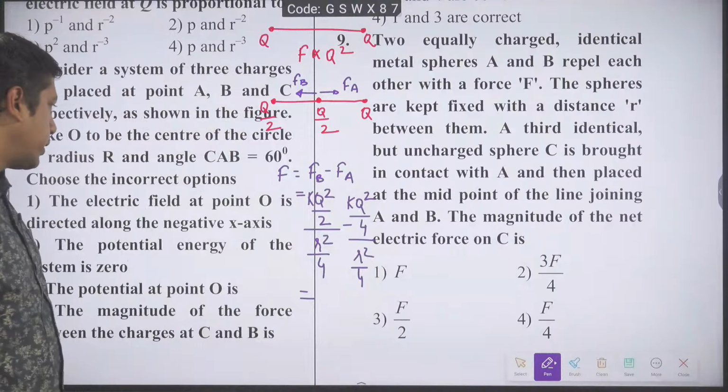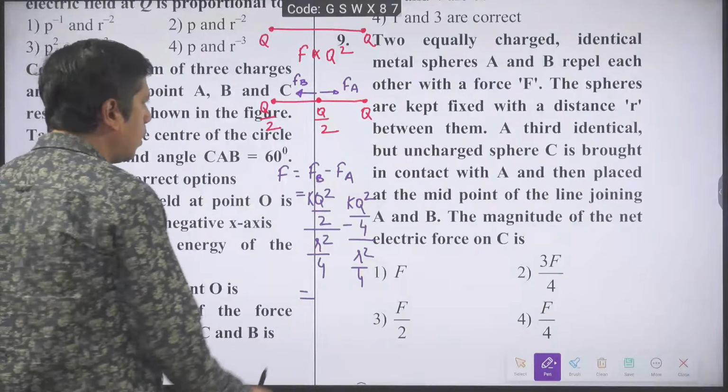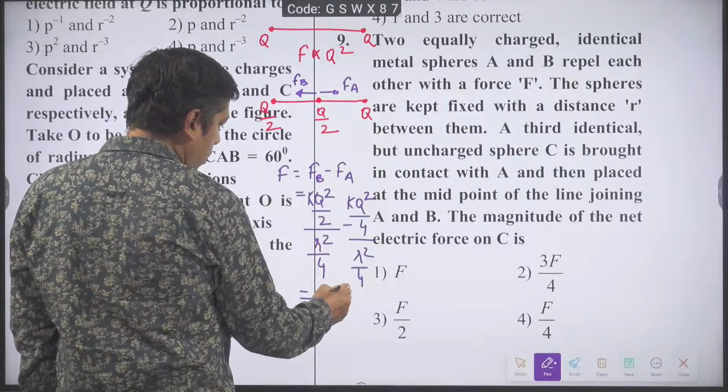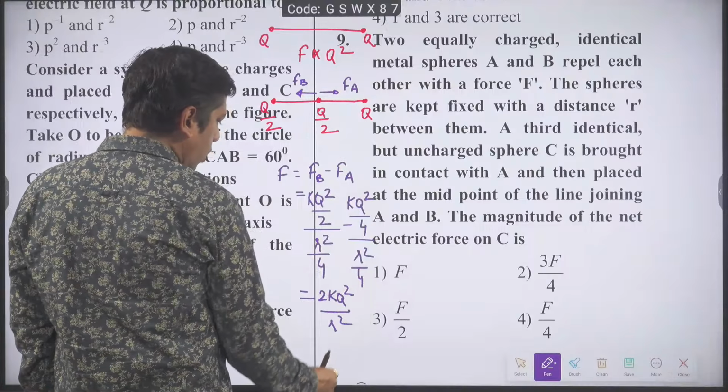Let's do the calculation. It will be 2KQ squared by R squared.